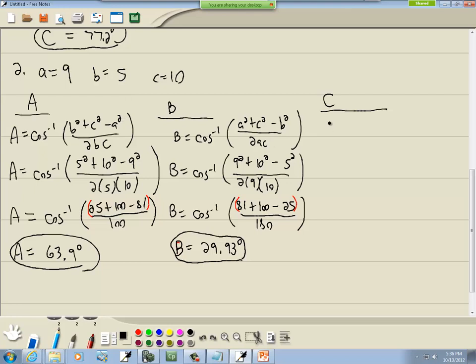Assuming I've done that, then C is easy to find because it's 180 minus A minus B. Now, you might be sitting there saying, well, yeah, but A and B are approximates. You rounded. Well, that's okay in terms of degrees because I want them to all add up to 180 degrees. Sure enough, if you don't, then you'll have some joker that adds them up and says, hey, where's that missing 0.01 degrees?